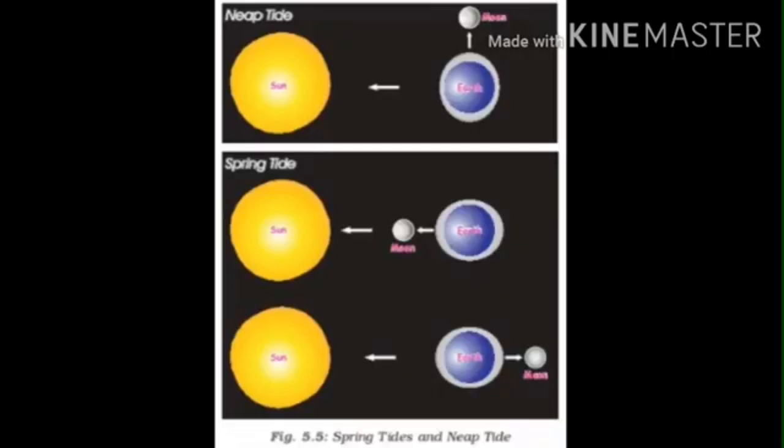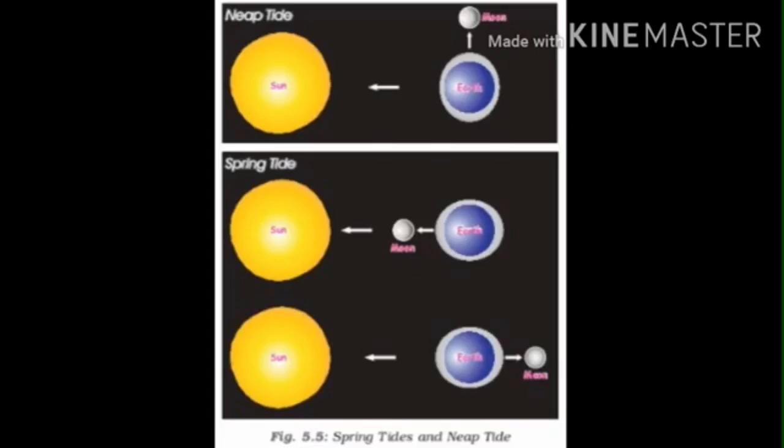Next one is tides. Okay, children. What do you mean by ocean tides? Yes, tides are the alternate rise and fall in the level of sea water due to the gravitational pull of the moon and the sun and the rotation of the earth. Do you understand, children, what I am telling?